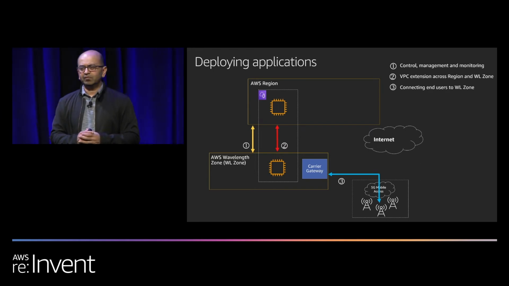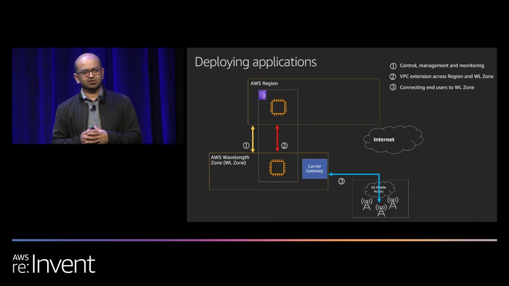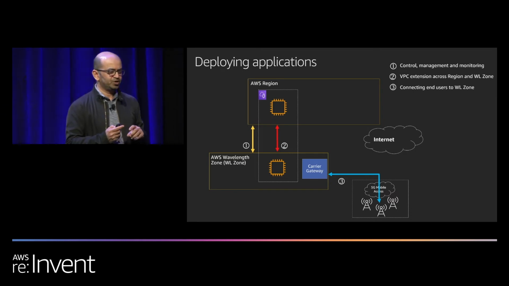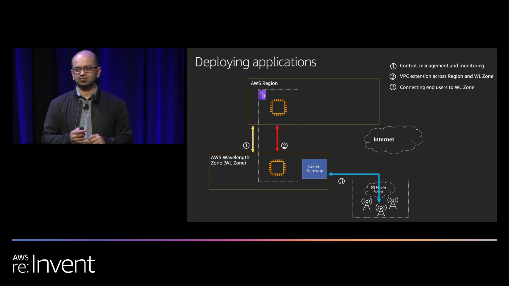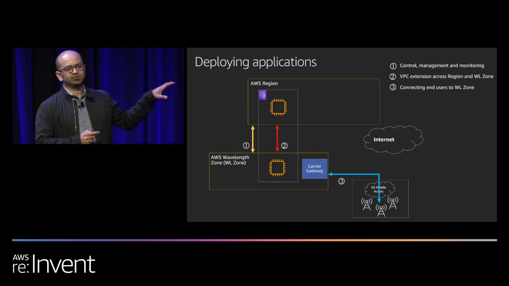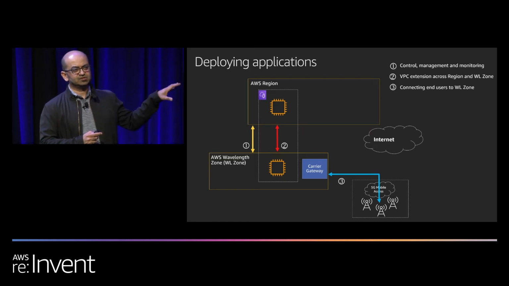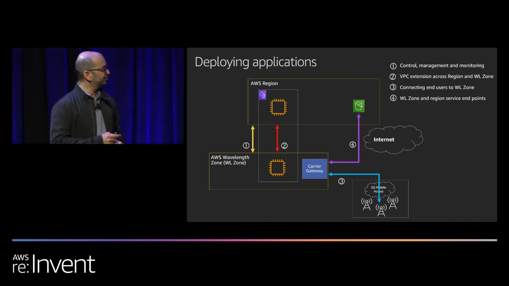And then we have a construct of what we call the carrier gateway to enable developers to connect to endpoints that are outside of the VPC. So these could be other region endpoints. This could be the access network as shown here, the CSP 5G access network, or it could be other endpoints as well. But the carrier gateway will enable developers to connect their applications and instances to the access network and devices.